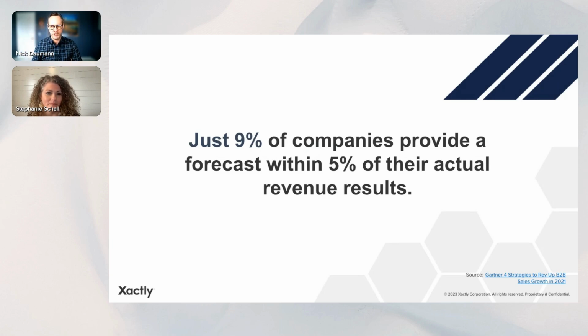So just 9% of companies provide a forecast within 5% of their actual revenue results. So while the data is prevalent, its actionable insights are hard to come by. So all of this available data doesn't seem to be making organizations feel any more comfortable with their forecasts.